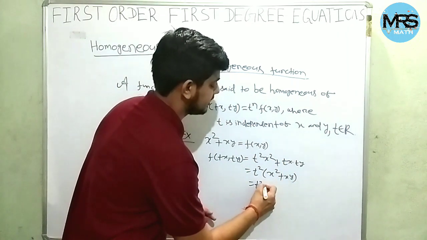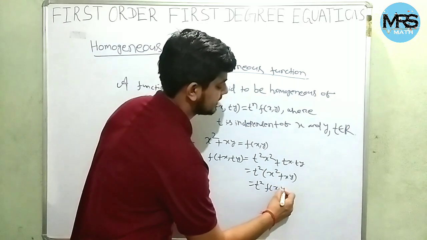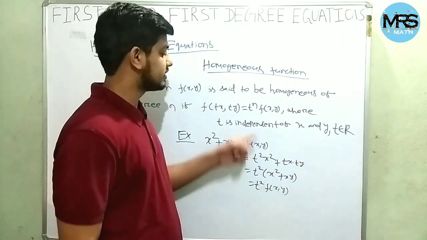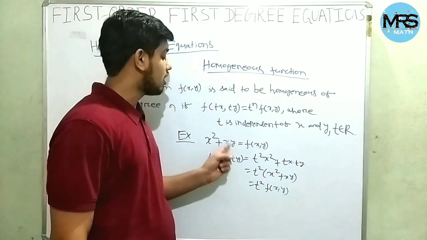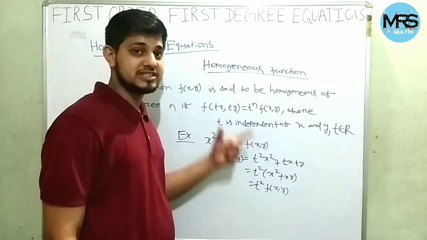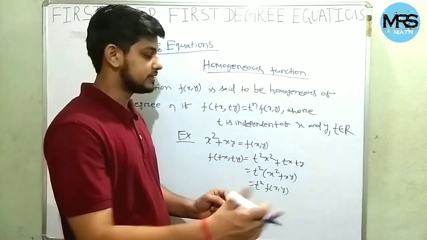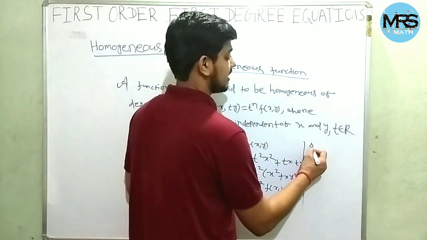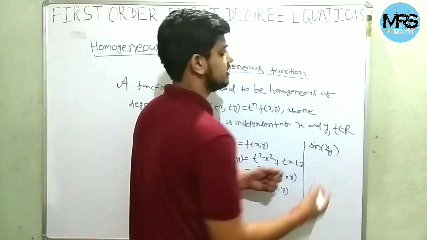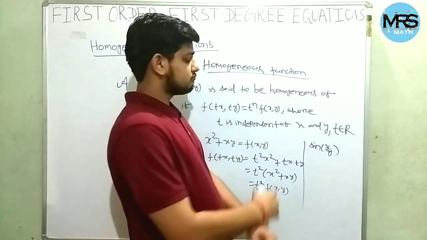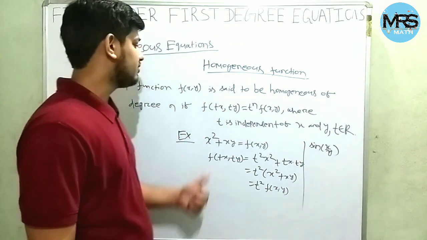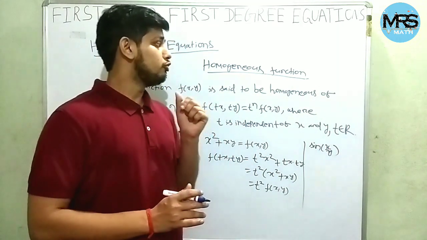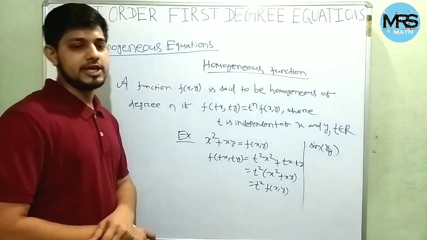So that will be t square into f of x comma y, correct? So we are getting in this way. Here n is equal to 2, so this is a homogeneous function of degree 2. You can say so many examples are there, like you can take sine of x by y, anything, right? Which are the examples of homogeneous function. Clear students? Now we will go to the homogeneous equation.